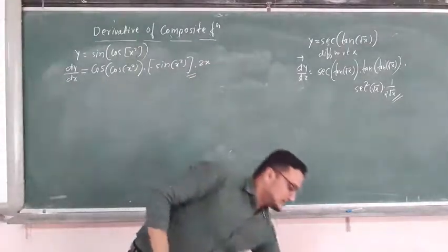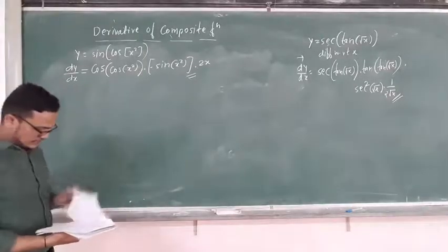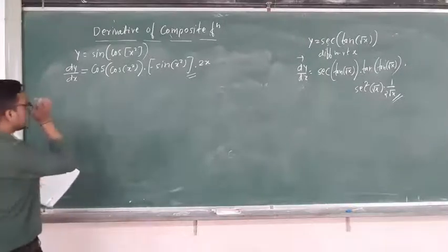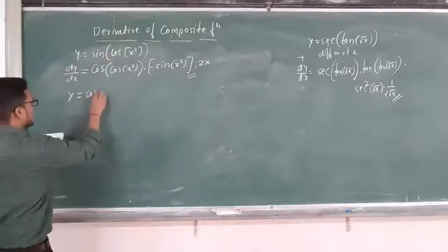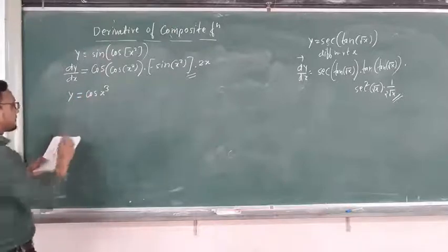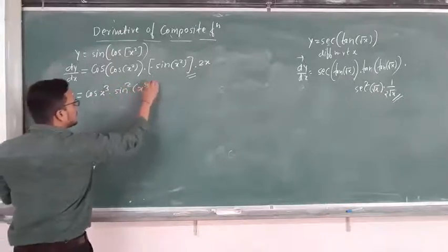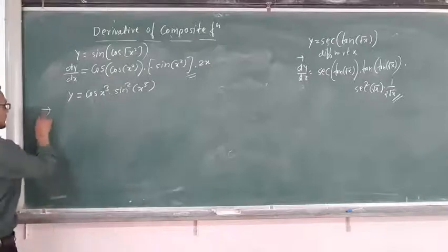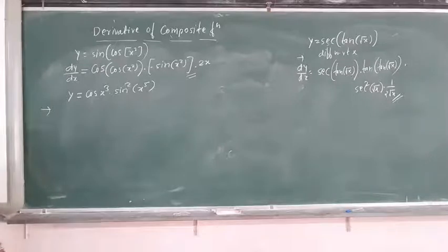Let us take some more examples in this composite function. y = cos(x³) into sin²(x⁵). Here, this is the product of two composite functions.